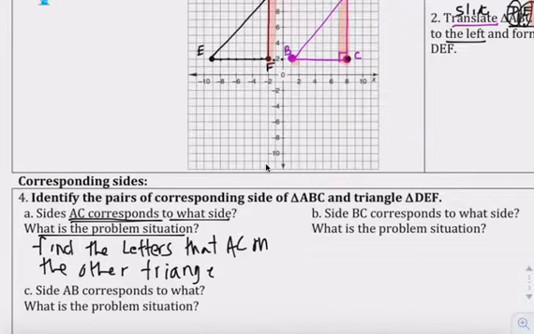Okay, what is the problem situation? Find the letter on the other triangle. Find the letters that make AC on the other triangle.